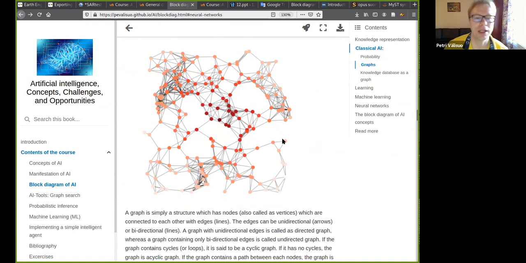And with a graph, you can encode many kinds of information in it. For example, maps. Nodes or vertices could be towns, and the edges between them, for example, roads. And then you could easily represent the knowledge of a map as a graph.